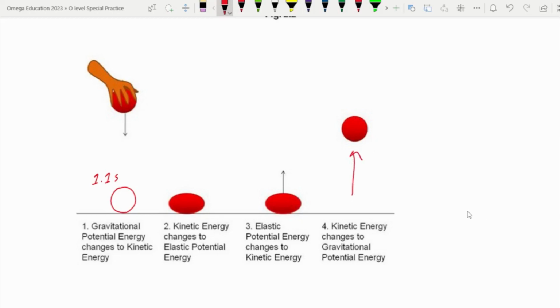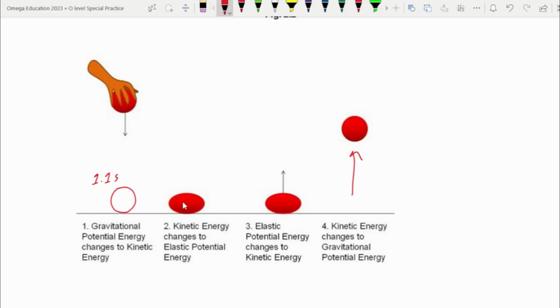So there would be some time consumed as the ball compresses. When it is still in contact with the ground, it compresses and then it restores to the normal shape, and then it lifts off from the ground.